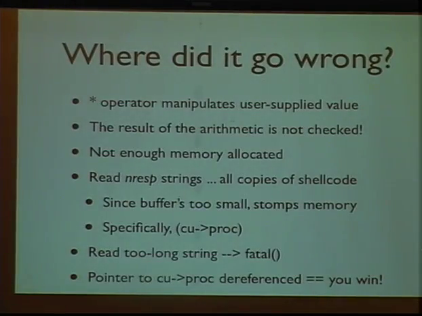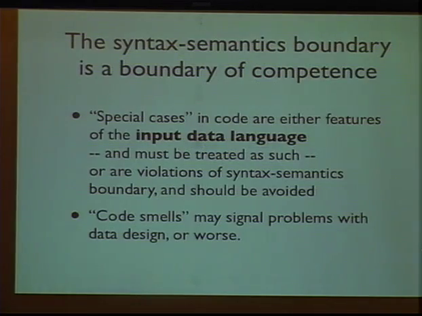You were using an unchecked result, which was semantically derived. You extracted this value out of your syntax. Now it's semantics. Then you apply an operator to it. It overflows. You still didn't check it, and so that's why your logic is bad. That's your premise where you screwed it up.